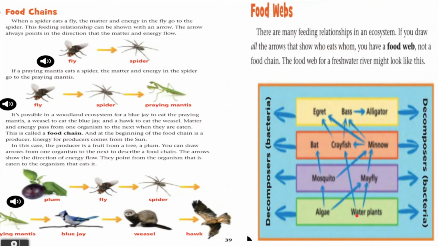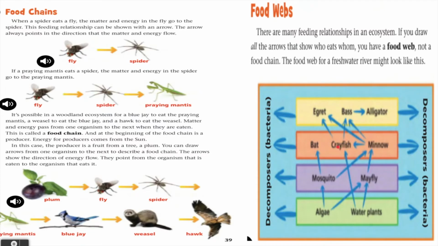We also have water plants, which are eaten by crayfish and mayfly. When we're on our mosquito and mayfly level, a mosquito can be eaten by a bat or a minnow. A minnow can also get its energy from a mayfly. However, a minnow can be eaten by a crayfish.